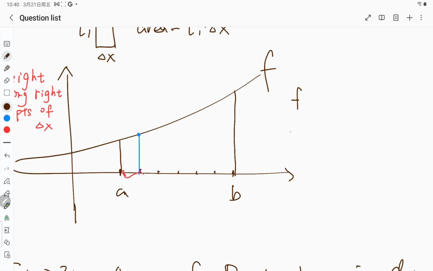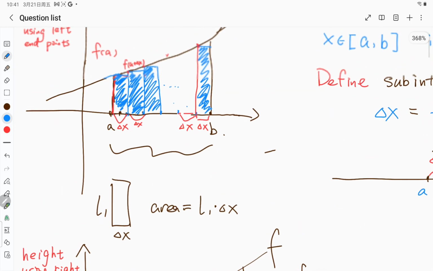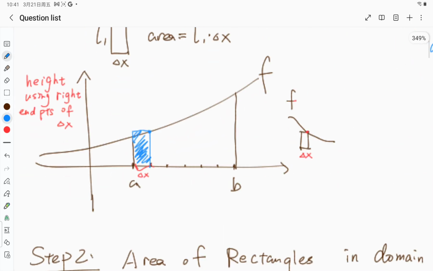The shape of f can also be here, and then if we take the right endpoint, the rectangle will still be shorter than the curve. But in this case, if the function shape is like this and we take the right endpoint for our first interval, then our rectangle will look like this. So taking right endpoints will give a different area than taking the left points.